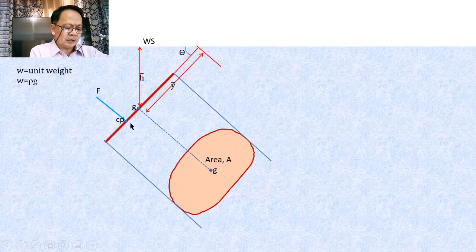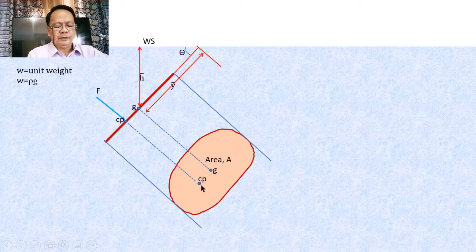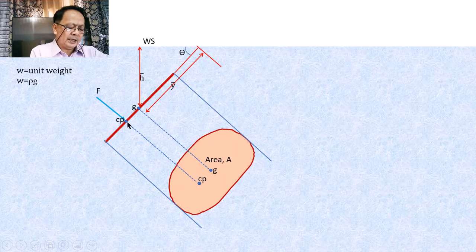So this center of pressure can be found on this area somewhere here. Okay, here is the center of the pressure. Okay, gaya ng ginawa natin kanina sa centroid, it is also important that the location of the center of pressure be known.